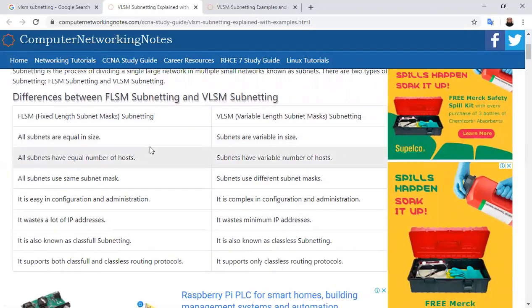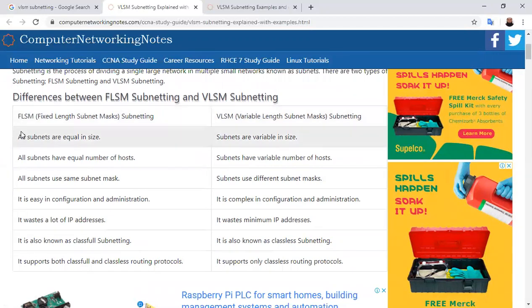So today, inshallah, we'll see the difference between fixed length subnet mask and variable length subnet mask. VLSM is a short form, and FLSM is also a short form.